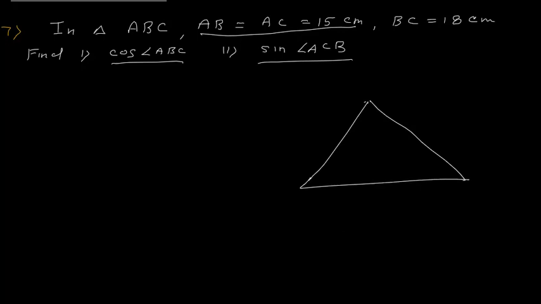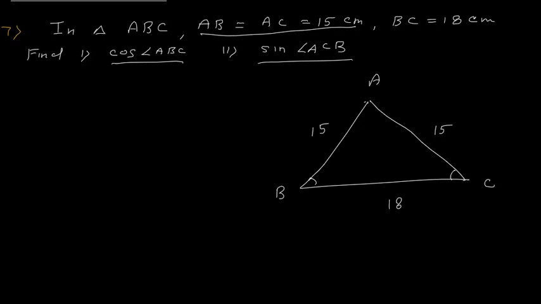Now here AB is equal to AC. So this side is 15 and this side is 15, and this BC is 18, as given. I have to find cos of angle ABC, and sine of angle ACB, that means for this angle also.